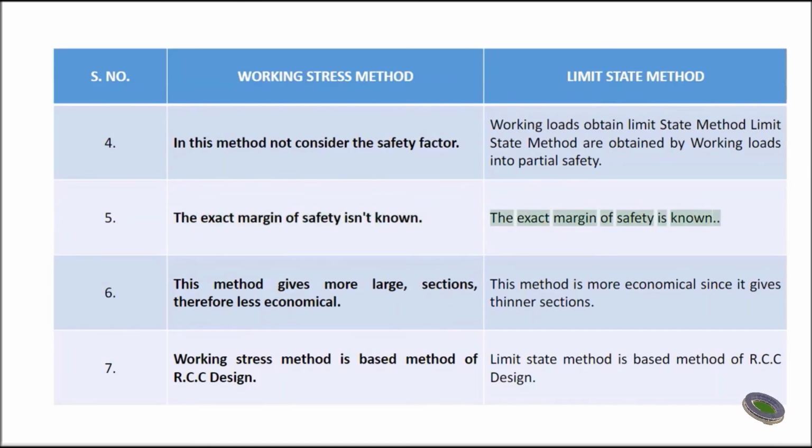In the limit state method, the exact margin of safety is known. Number 6. This method gives larger sections, therefore it is less economical. This method is more economical since it gives thinner sections.